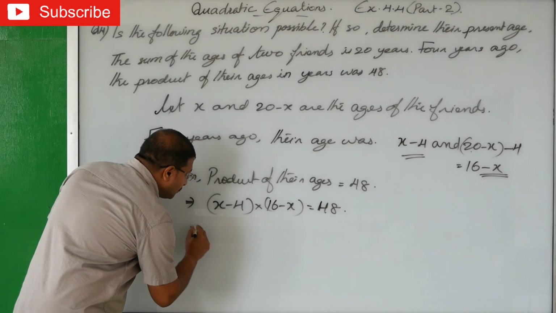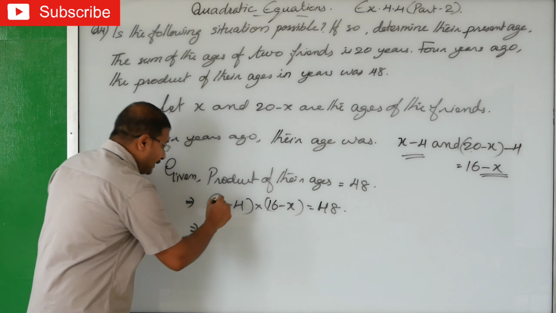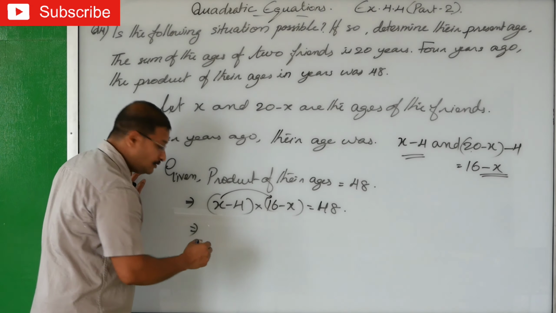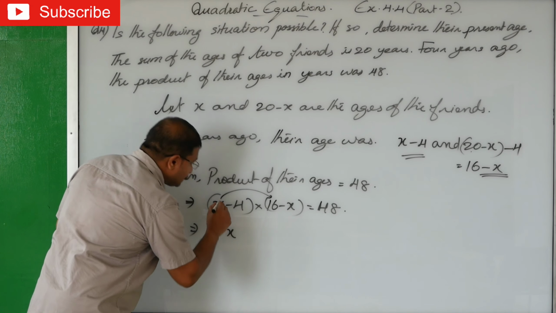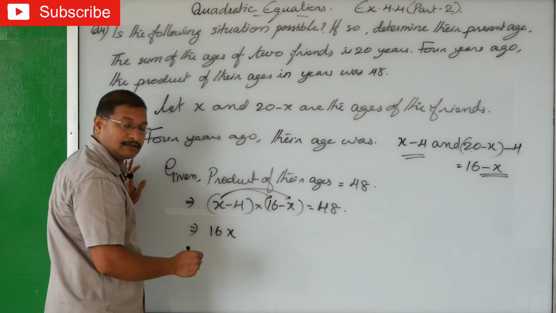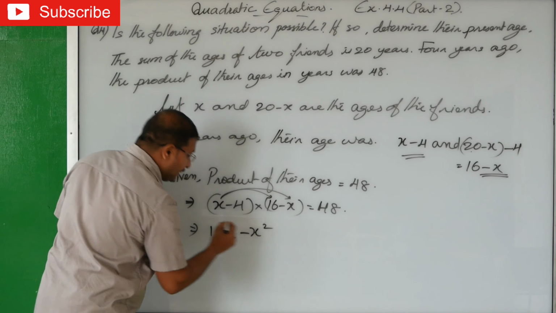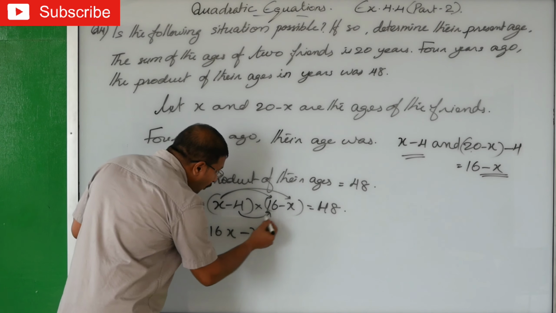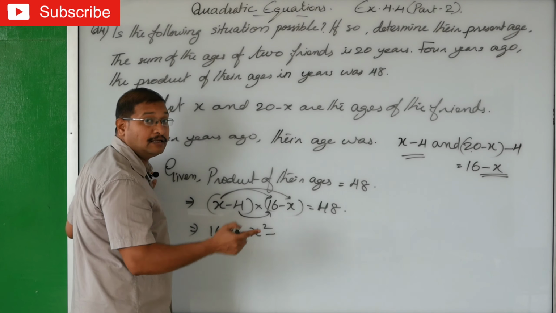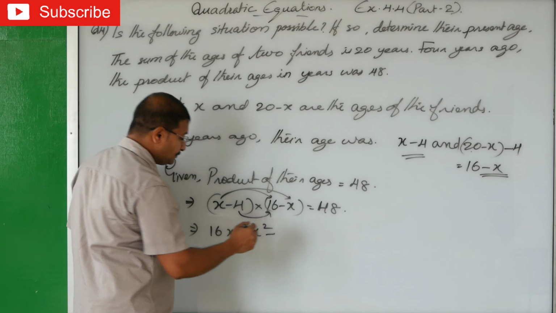Ready? This implies we will open the brackets. x into 16, 16x. x into x, x square. Of course it is plus and minus. Now what will you do? 4 into 16, 4 16s are 64.